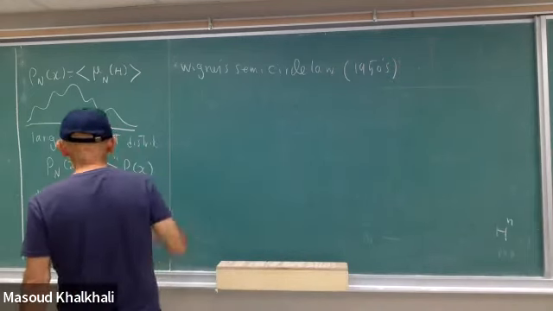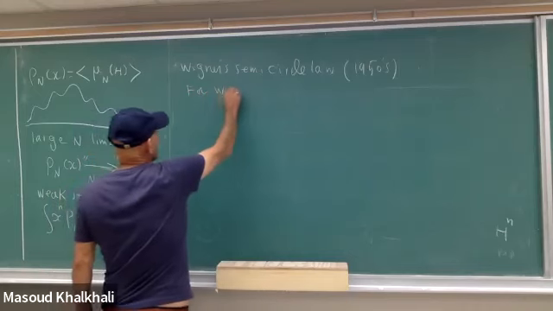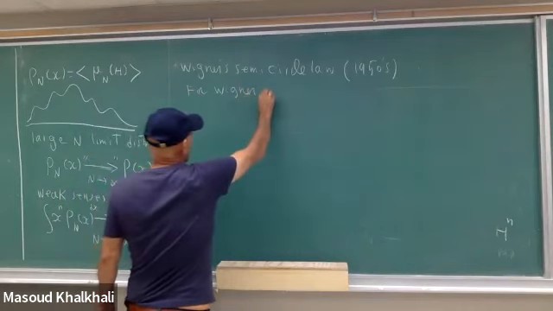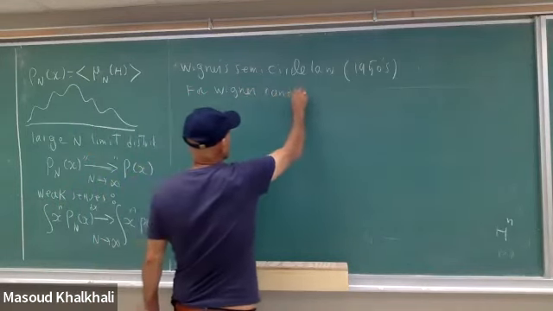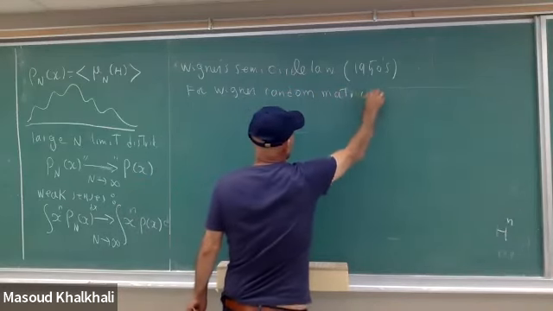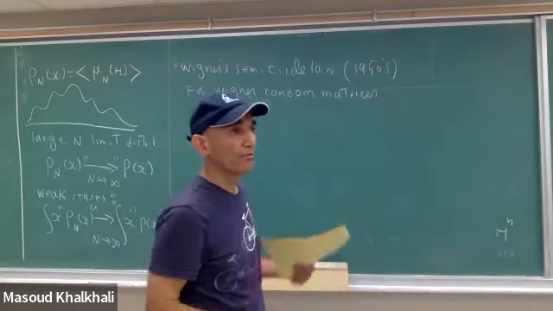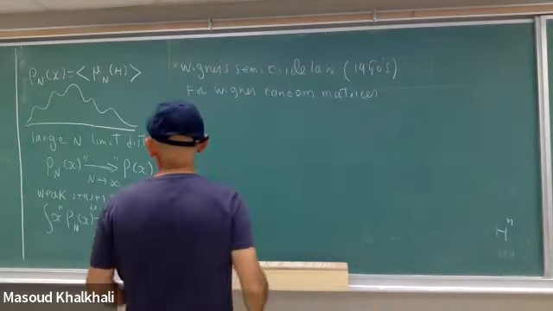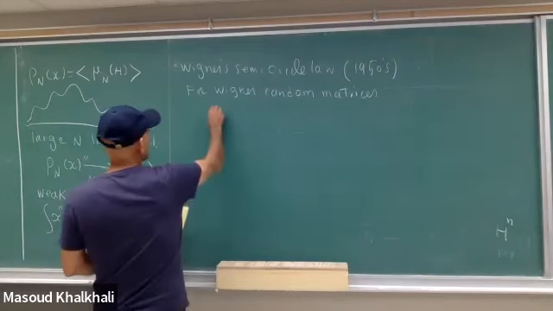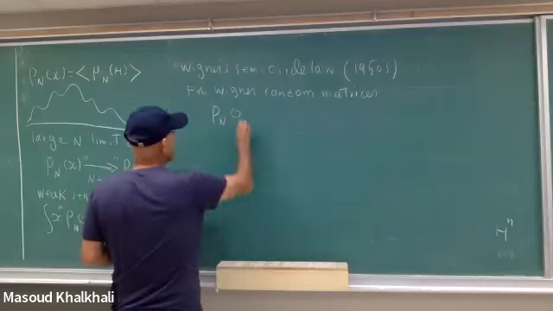Basically, he showed that for Wigner random matrices, for any initial choice of probability distributions, the corresponding rho_N(x) converges in moments.